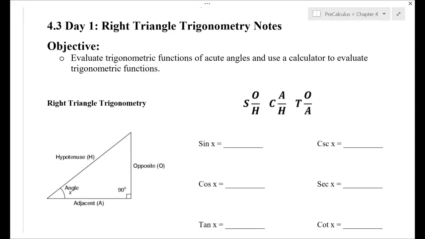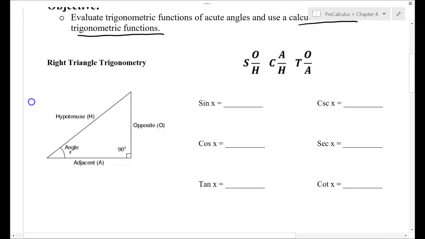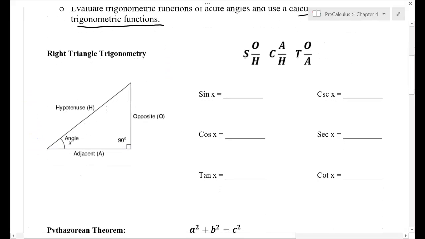Cosine is adjacent over hypotenuse, that's the CA, and TOA is opposite over adjacent. Today we are going to evaluate trigonometric functions of acute angles, and we're going to use a calculator to evaluate trig functions. So first off, let's take a look at this right triangle.